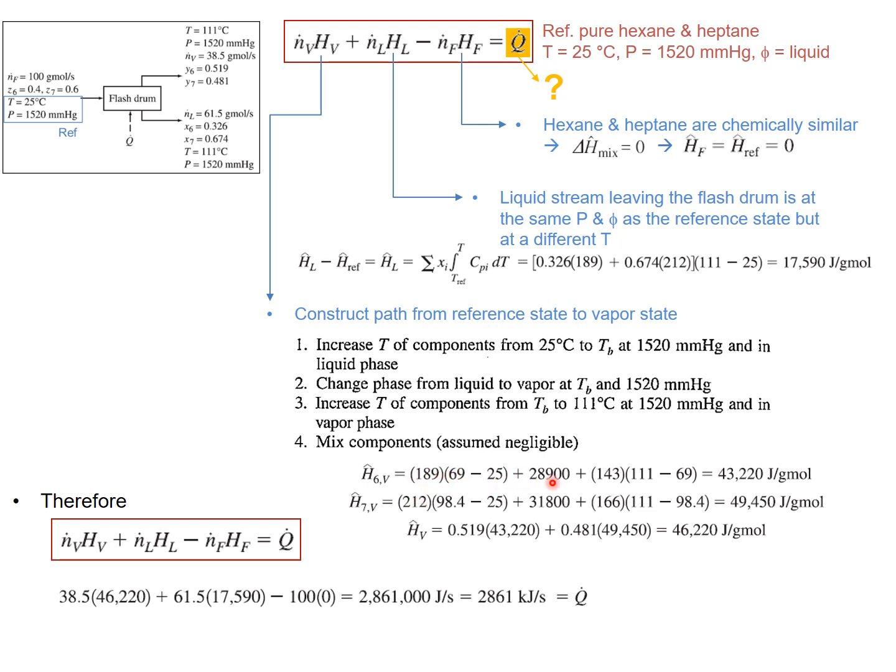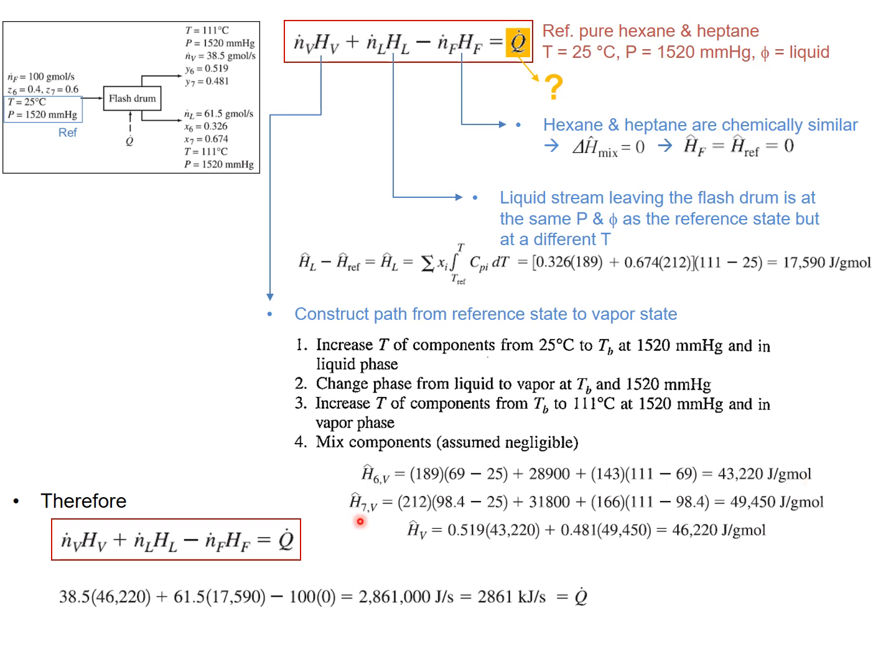Then it's time for the phase change, so this is the evaporation enthalpy. Then right now our hexane is in vapor phase. Then it's time to increase the temperature from the boiling point to the target temperature, 111, with the heat capacity. Then you could calculate it for the hexane.